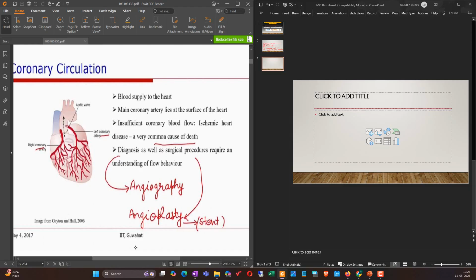These arteries supply blood to the heart, and insufficient coronary blood flow means there is ischemic heart disease, a very common cause of death. Okay, whether it is a heart attack or something, it comes into the picture.